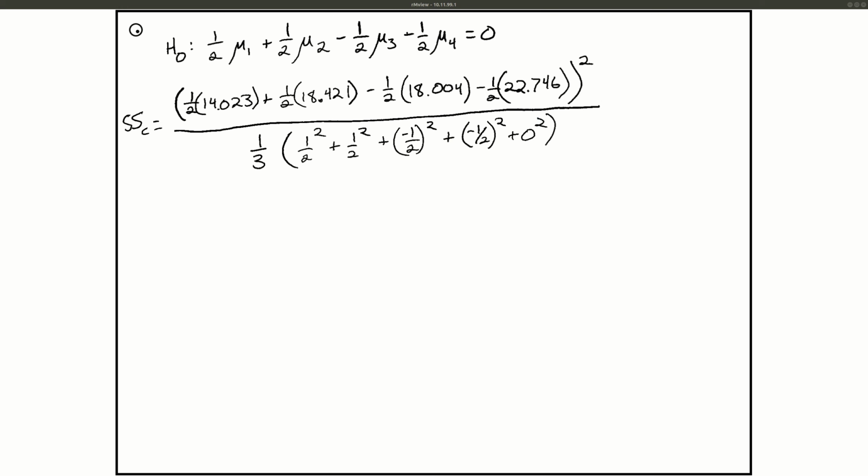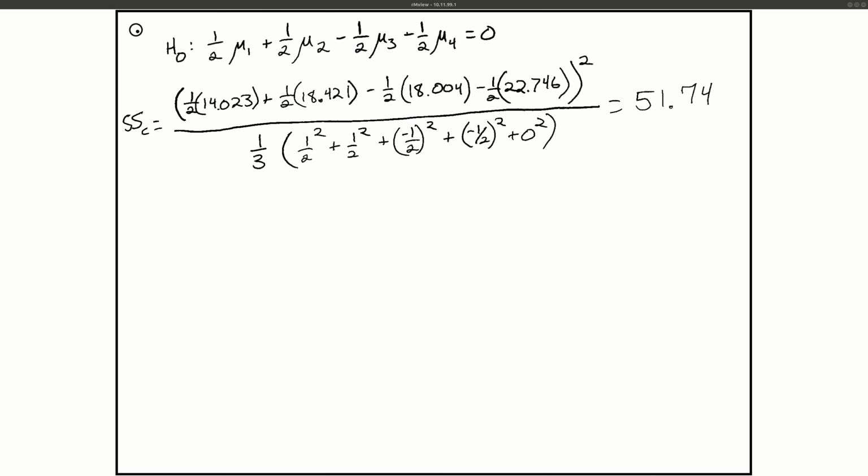That's our fifth one. I'll just put it in there because it's quick and easy. Again, this here in the denominator comes out to a quarter plus a quarter plus a quarter plus a quarter, so that's 1. So our denominator here is really just 1/3. And our sum of squares due to contrast comes out to 51.74.